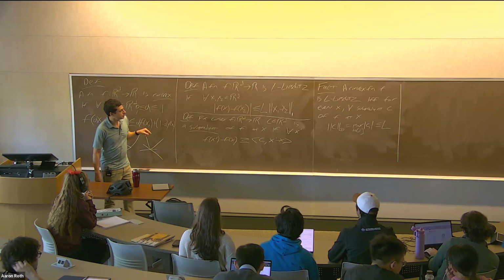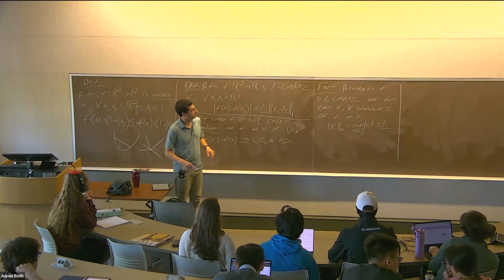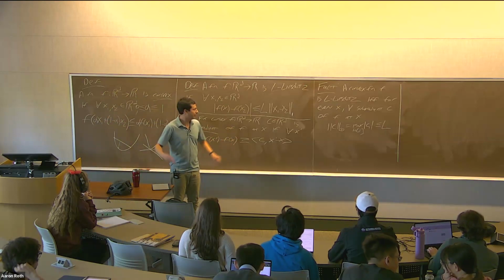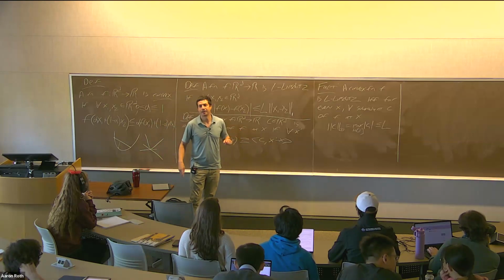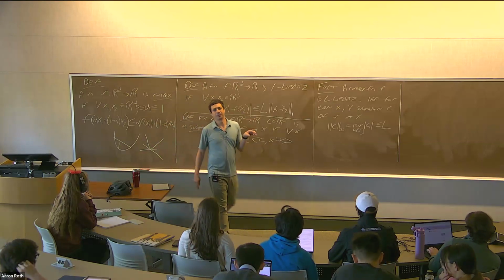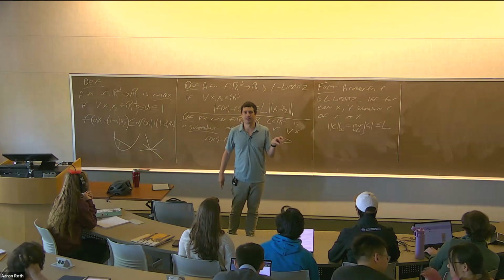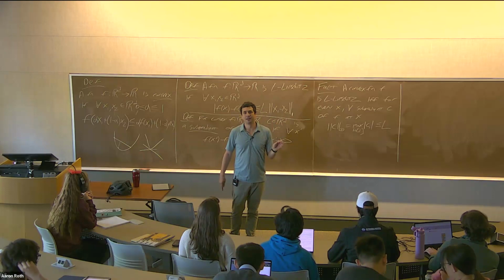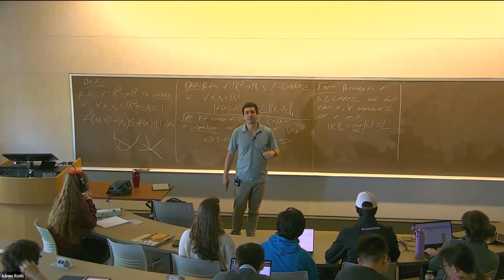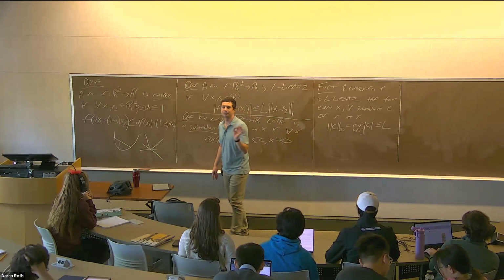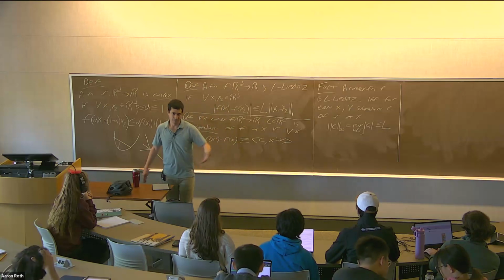And so if there's a large coordinate, you'll be able to take a step in the direction of that large coordinate, and at least very locally, you will change the value of the function in proportion to the norm of the gradient.